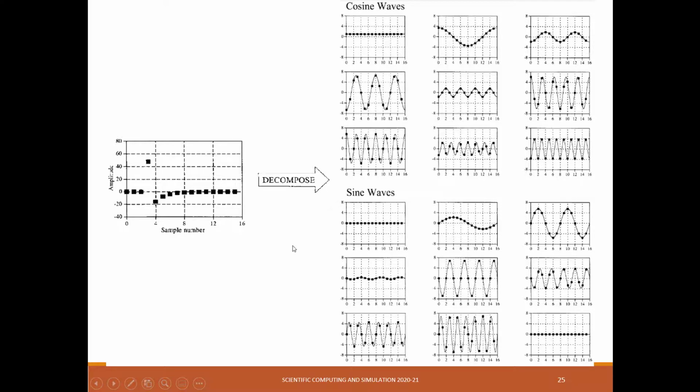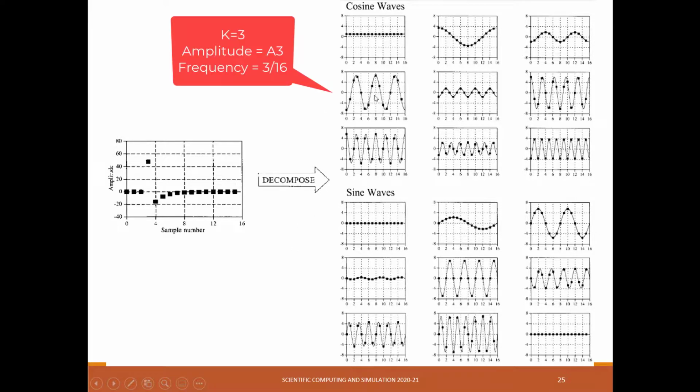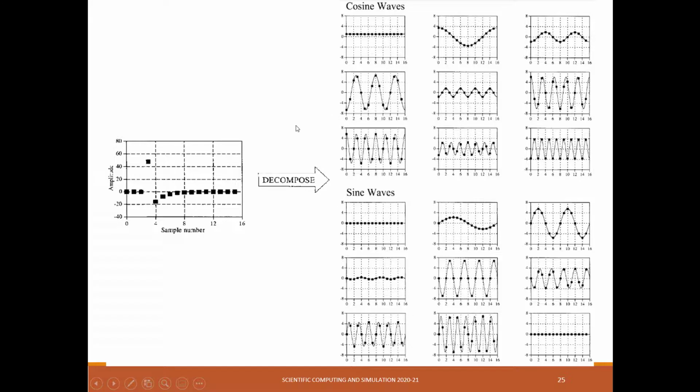For instance, k in this cosine wave is equal to 3, so its amplitude is A_3 and its frequency is 3/16. This example shows how an input signal made of a combination of several frequencies is decomposed to its Fourier components.